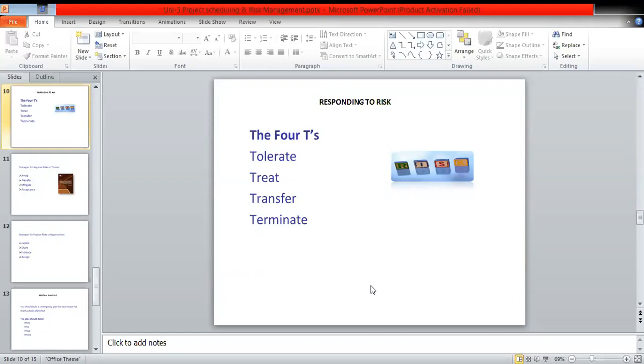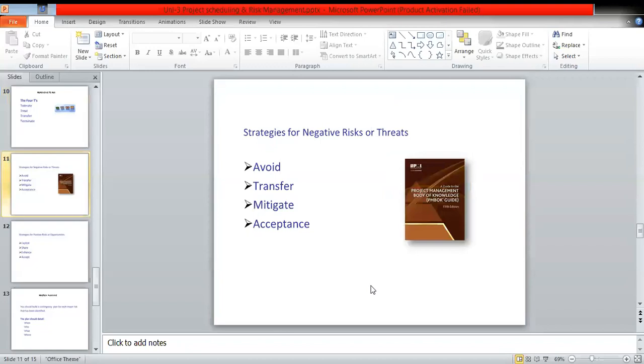To all project managers, when you become a project manager, you should know the 4 T's and you are responsible for that. Got it?